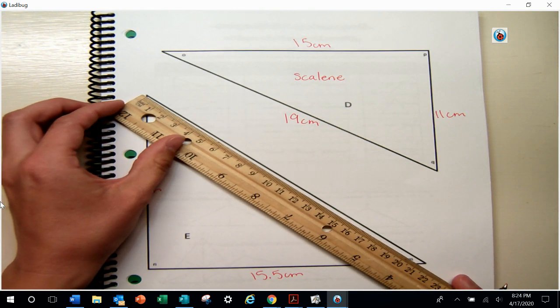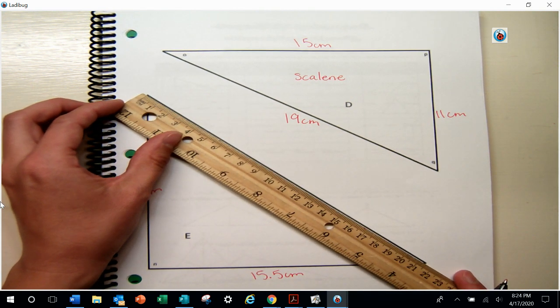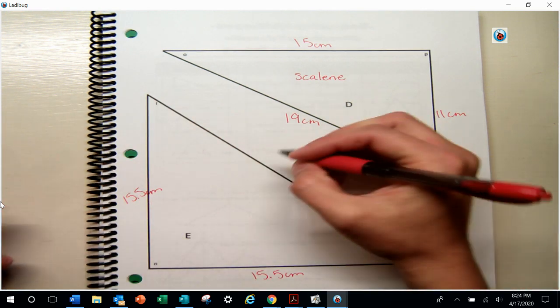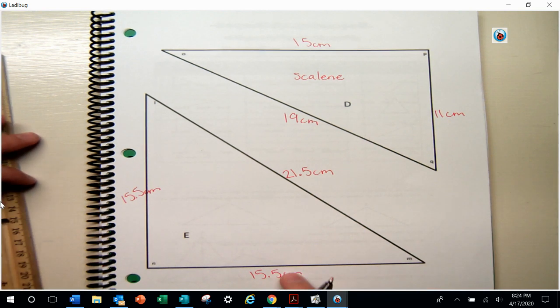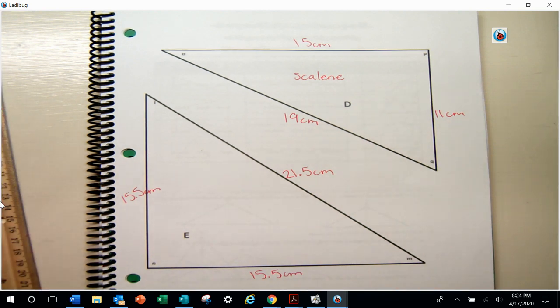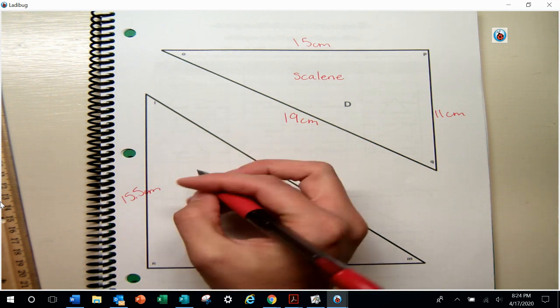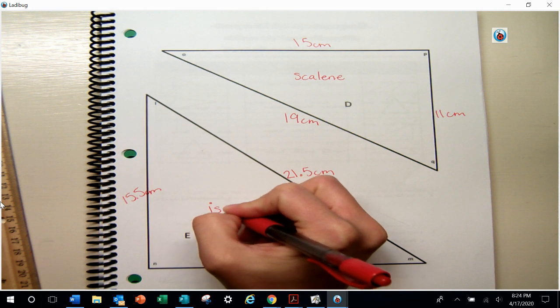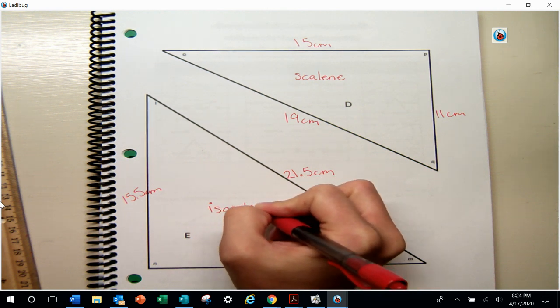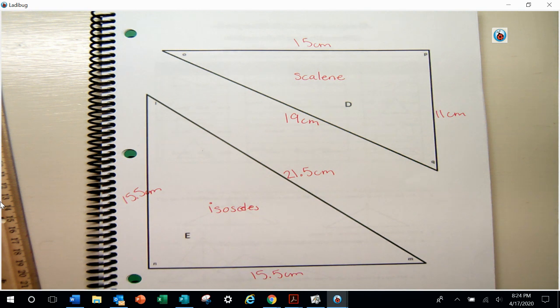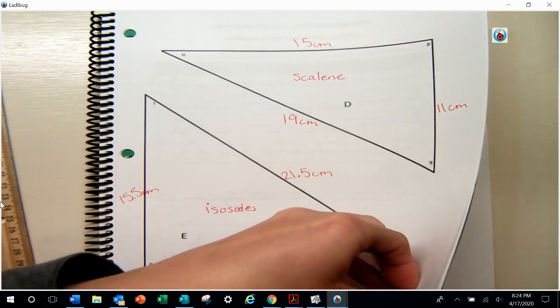And this guy is 21.5 centimeters. So how would you classify this triangle here based on its side lengths? Say it out loud. This one again would be isosceles. 2 side lengths were equal for that triangle.